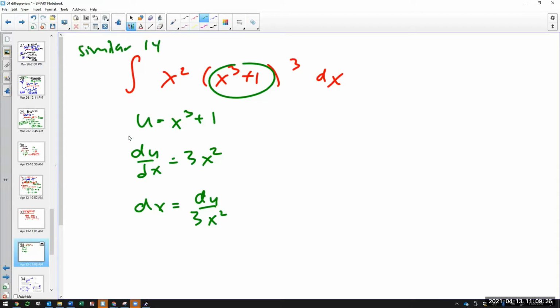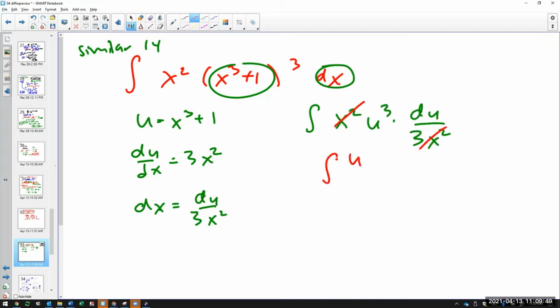So first you find your u, then you take the derivative, and then you solve for dx. Then you substitute two things. You substitute your u and you substitute your dx. If you don't circle it, you're not going to substitute it. Then you ask yourself the question, do your x's cancel out? Why, yes, they do. And so then what you have left is u cubed over 3 du.